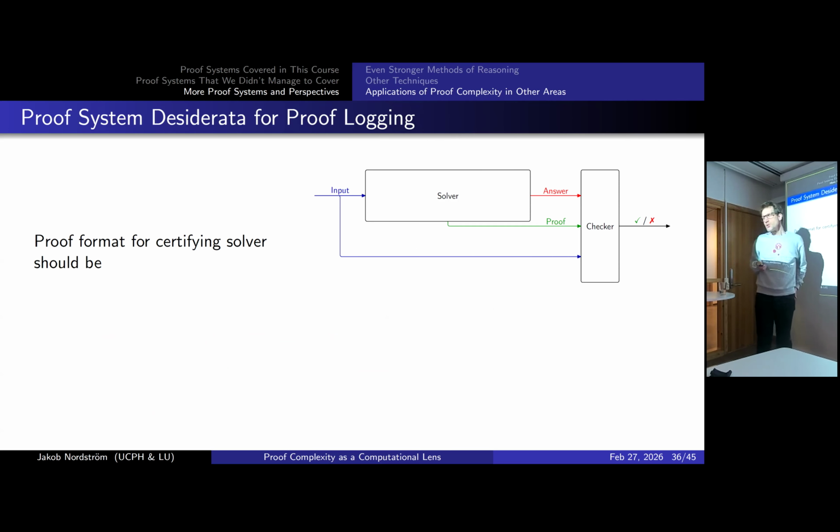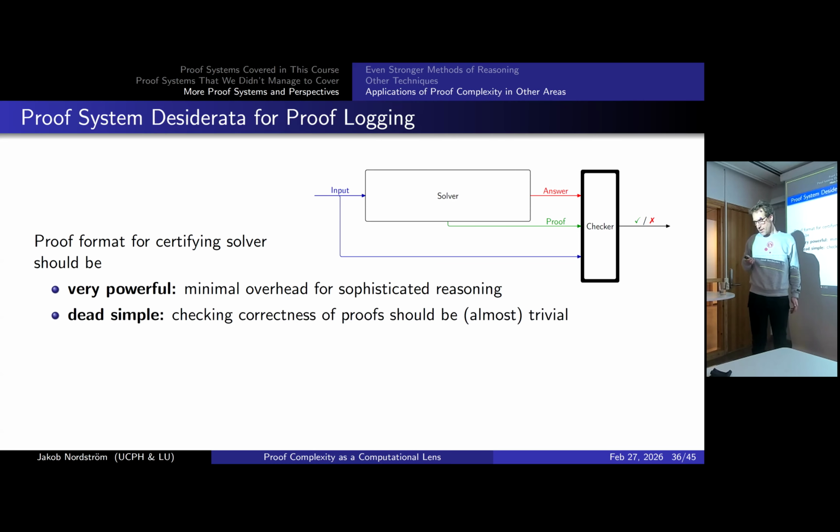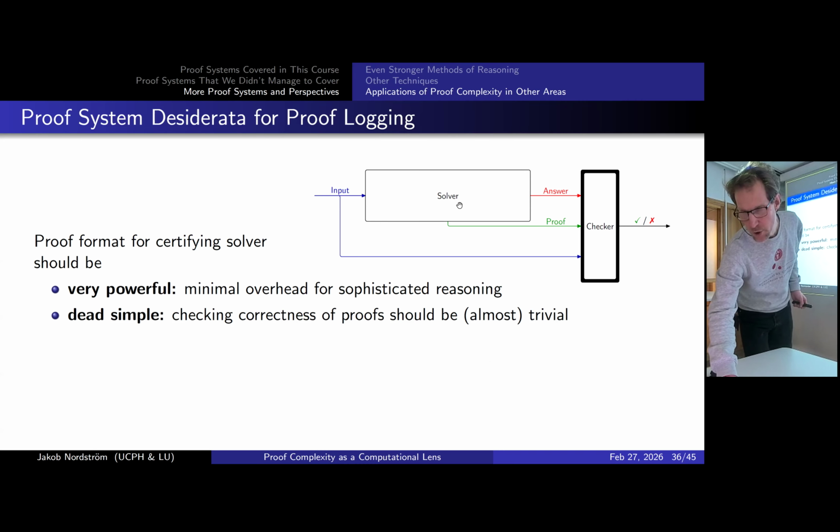So if you want to use proof complexity and proof systems for proof logging, then what do you want? Well, on the one hand, you want ideally a super strong proof system because you want to make the solver's life easy to generate these proofs. But on the other hand, the whole point of having the solver generate the proof is that the original solver is hugely complicated, and you know that it's buggy pretty much.